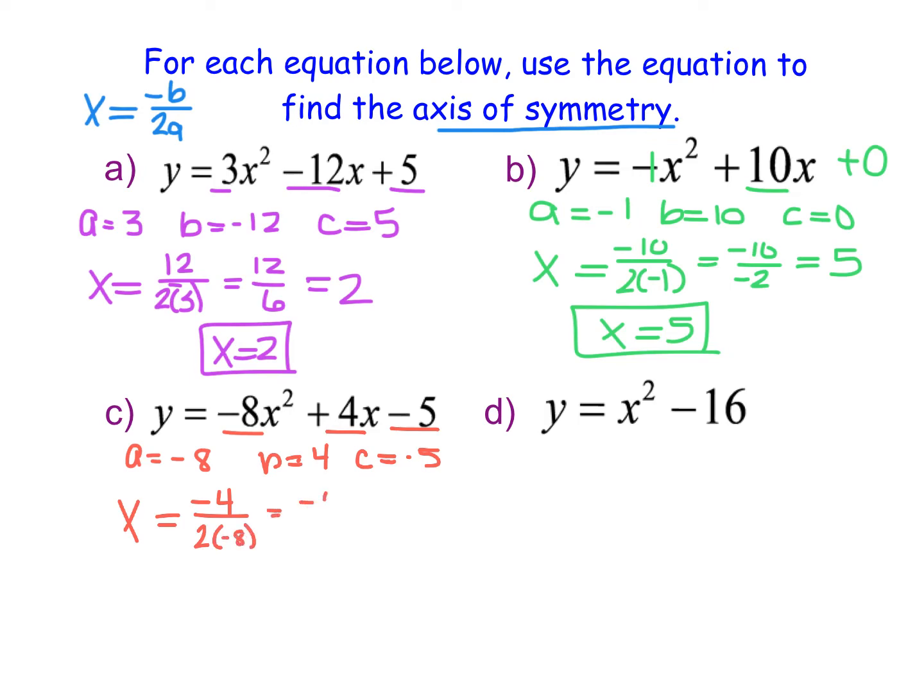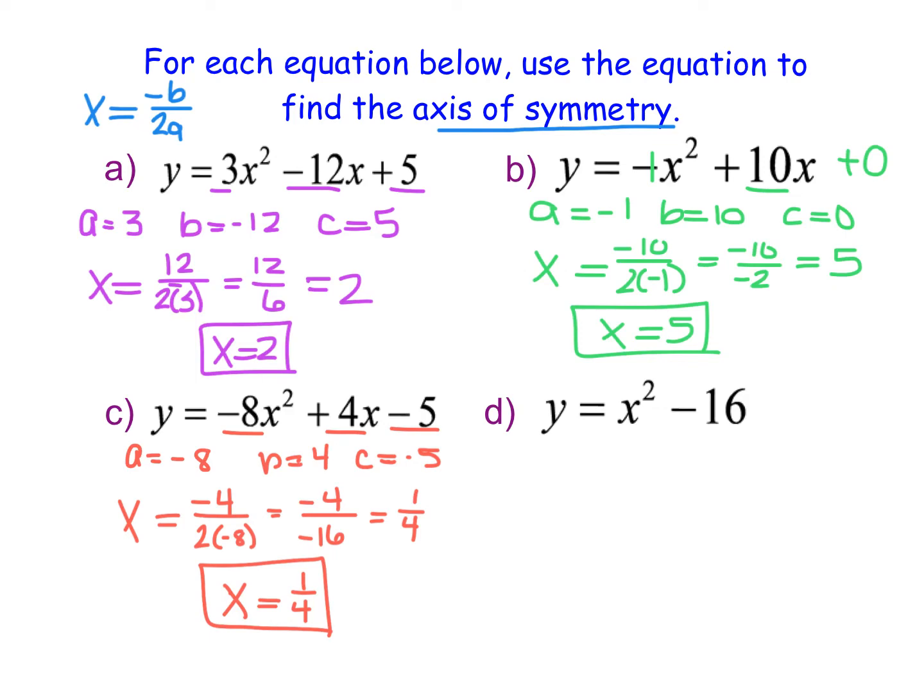So here we have negative 4 over 2 times negative 8 is negative 16. Negative over a negative is a positive, and this fraction simplifies to 1/4. So our axis of symmetry here is x is equal to 1/4. So you can see here that there are times where our axis of symmetry is not a nice number and is a fraction. It doesn't happen very often, but it is in fact possible.